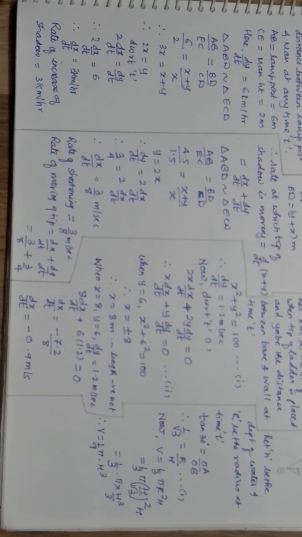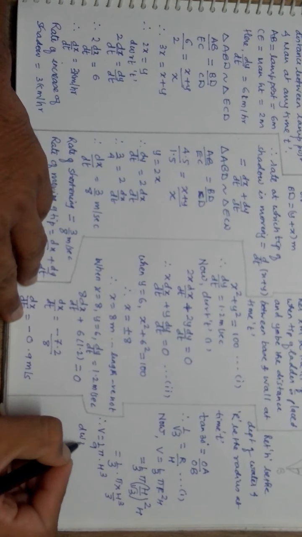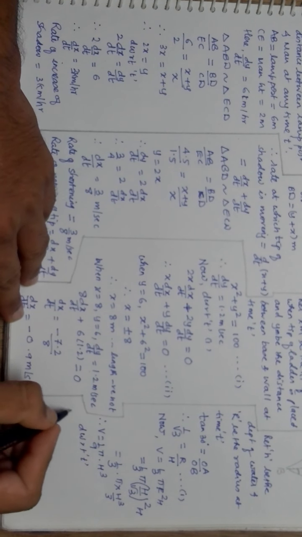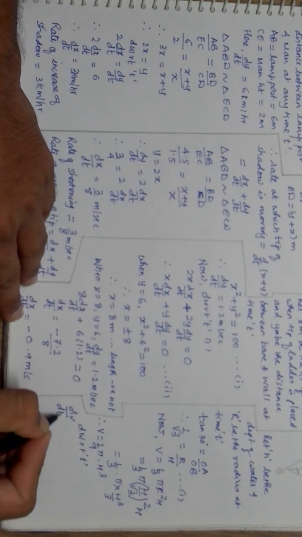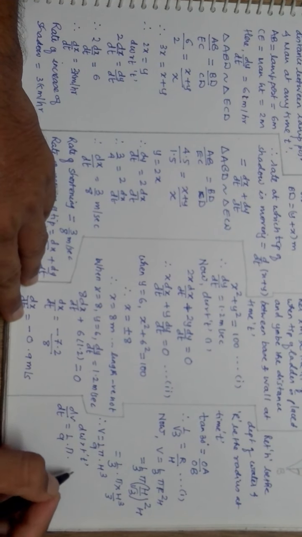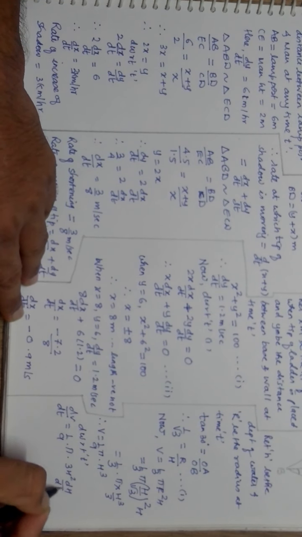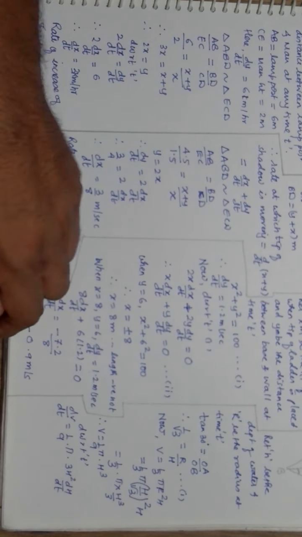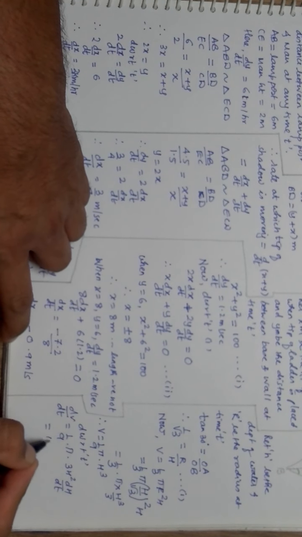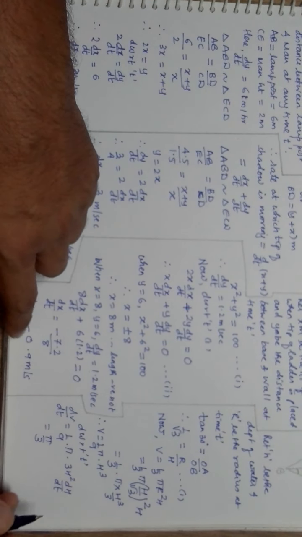Agreed? So when I differentiate this with respect to T now, I get dV by dt is equal to 1 by 9 pi into 3H square dH by dt. So obviously this will become pi by 3, that is 3 3s are 9, this pi.